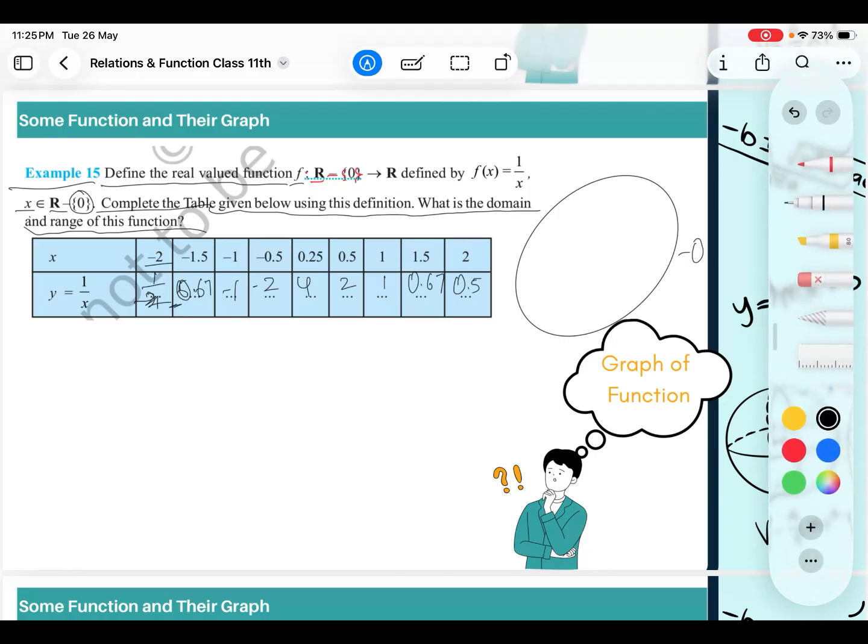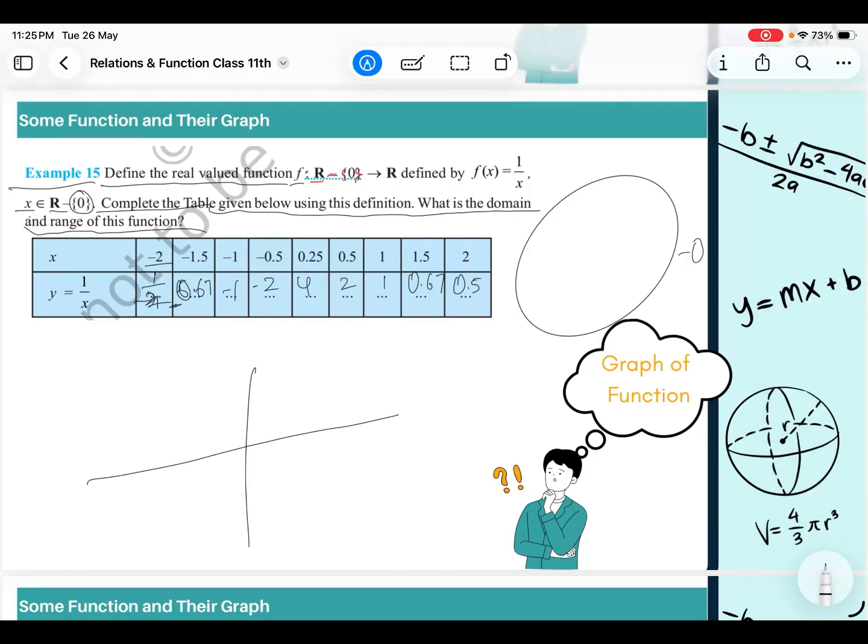You can try and see what the form of the graph is. Okay, so let me just quickly draw this also. So this is in the form of 0.5, 1, 1.5, 2, 2.5, 3. Something like that. So if we have minus 2, 0.5, 1, 1.5, 2, 2.5, 3.